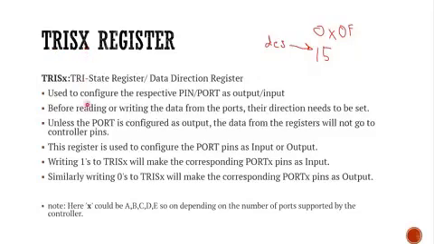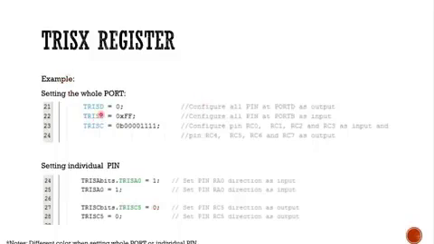So here X will represent the port: port A, port B, port C, port D, and then port E, depending on the number of ports that the microcontroller can support, and also the ports that the programmer wishes to use. Okay, and then this is how we write.